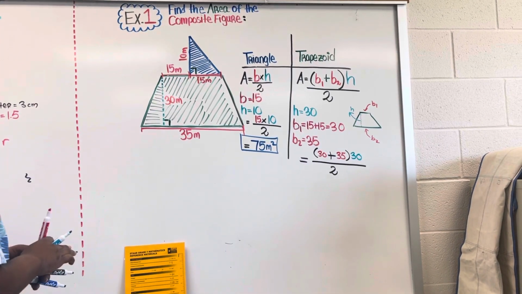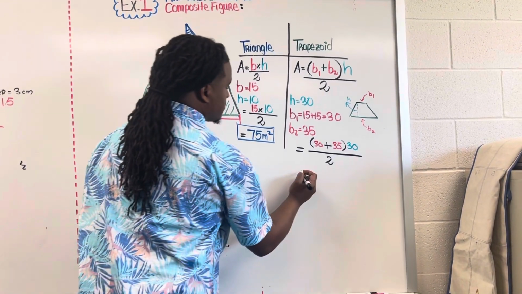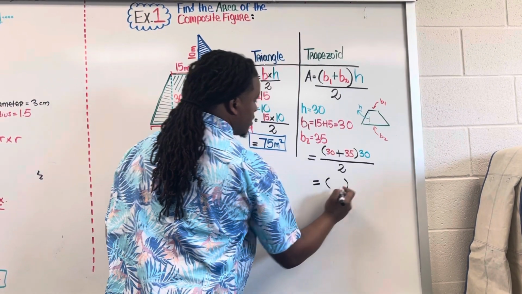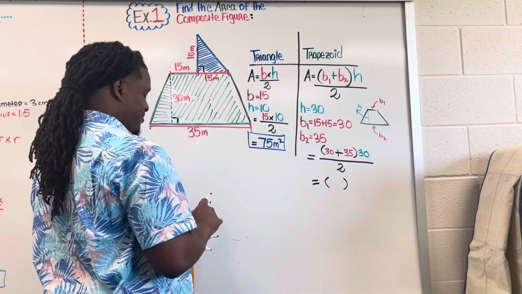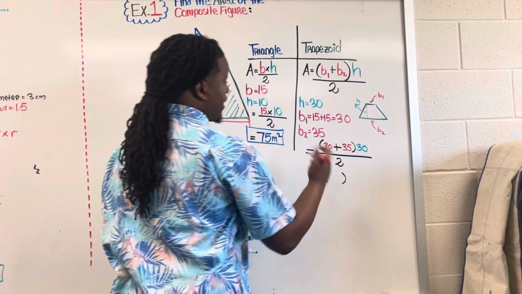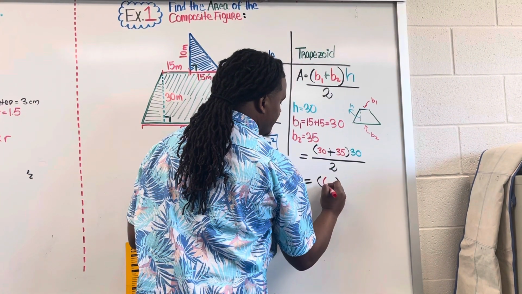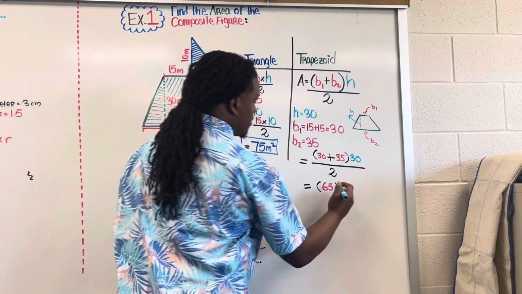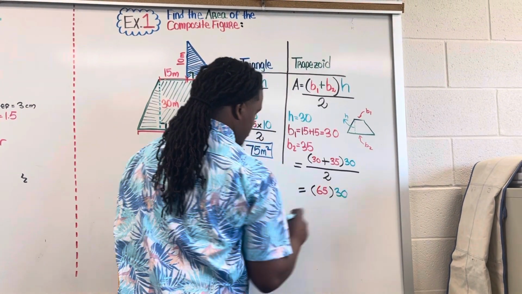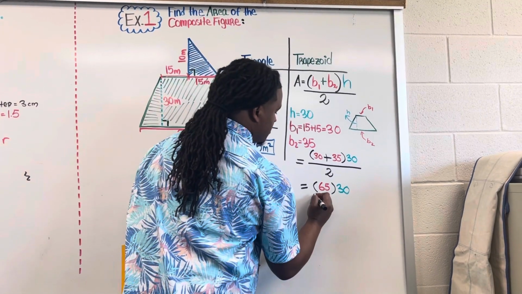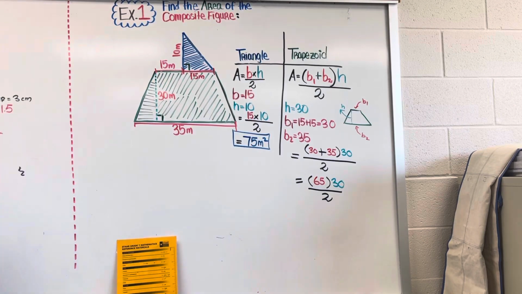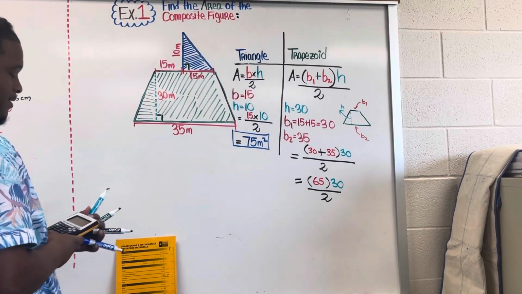So now let's go ahead and solve. Remember, whatever is in the parentheses, we have to solve that portion first. All right, so 30 plus 35, I know, is 65. So now I have 65 times 30 divided by 2. So I'm going to plug that into my calculator and solve that.